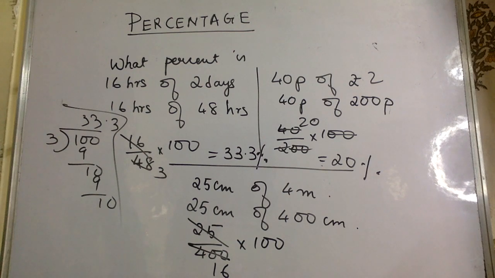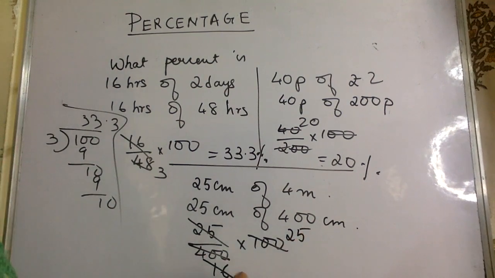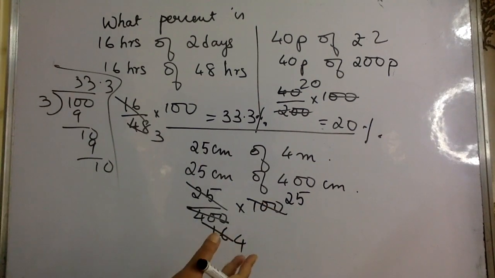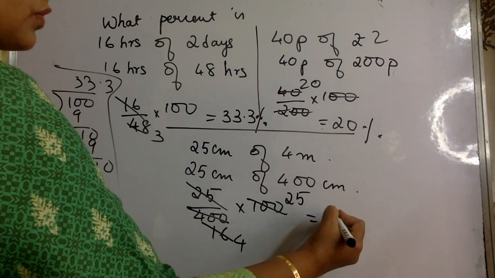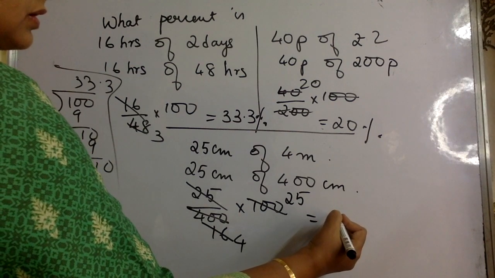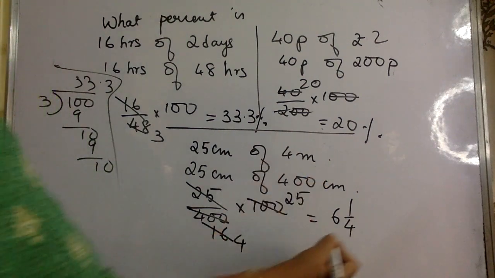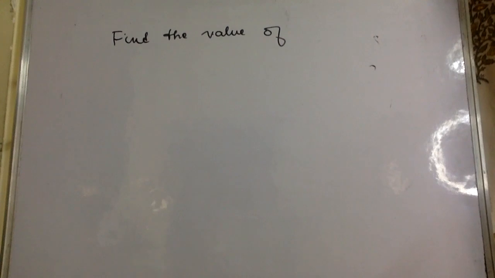If I divide, I get 25 here with a 4 and 4. So I'm finally getting 25 by 4, which is equal to 6 1/4 or 6.25%.